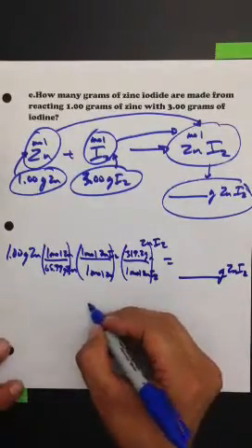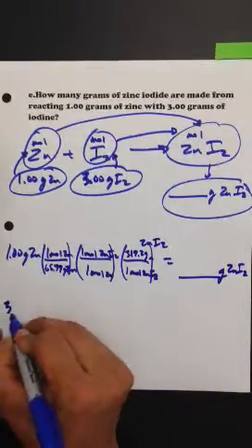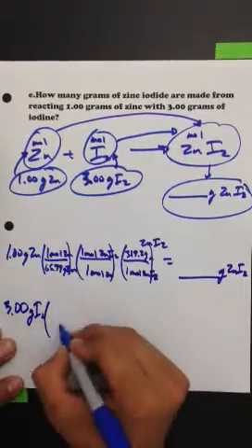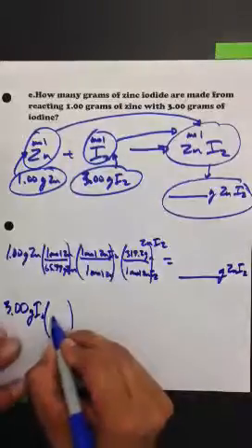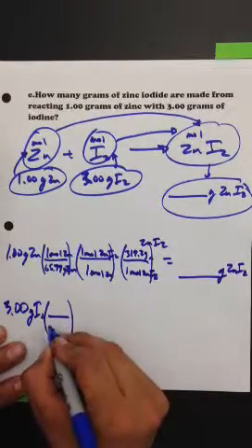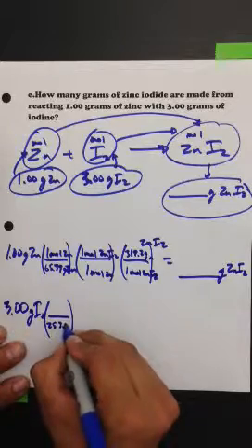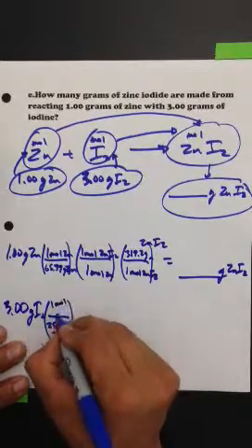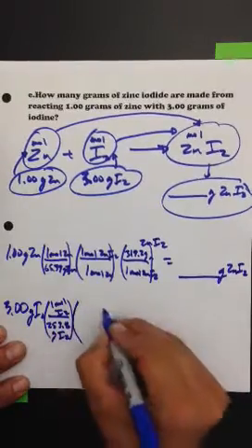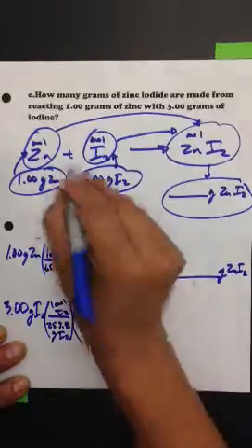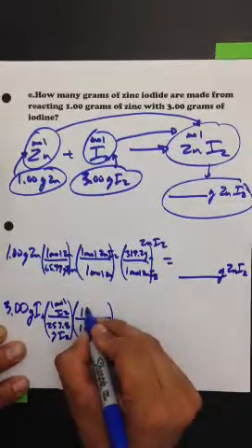Let's do the same thing for iodine, and then we'll do the math. Grams of I2. Same thing, grams to mole. Whatever the molar mass of I2 is, what is it, 253.8? For every 1 mole of I2. And then we're going to convert from, for every 1 mole of I2, it's 1 mole of zinc iodide.